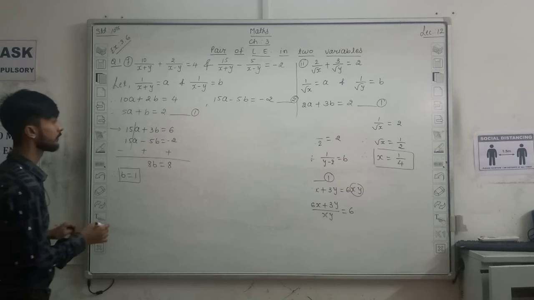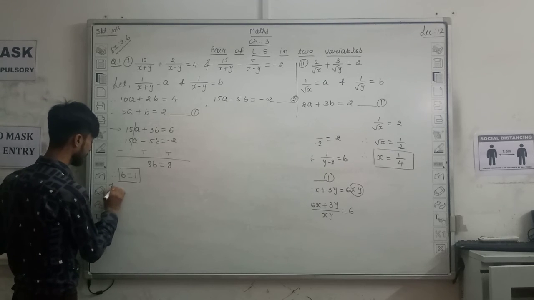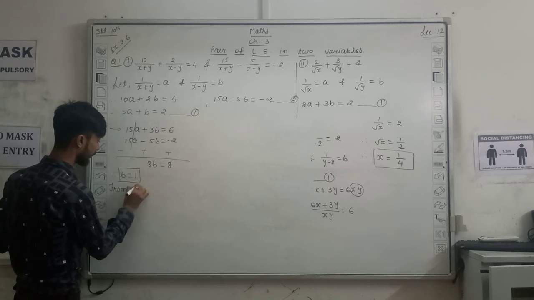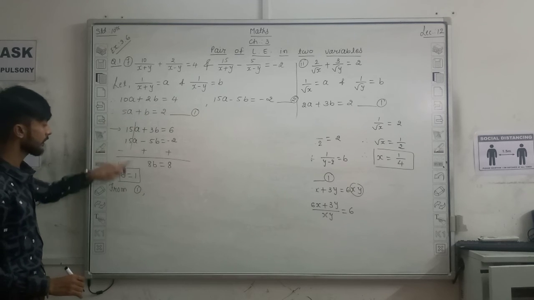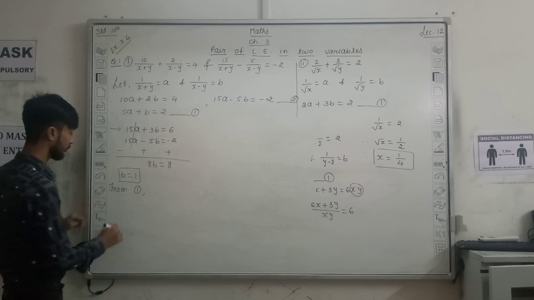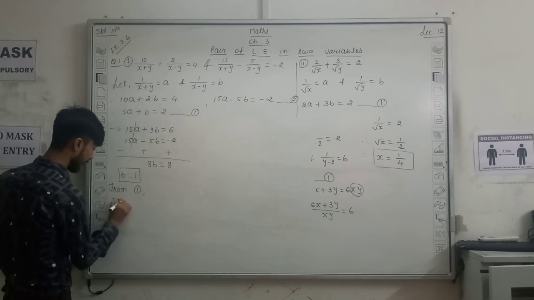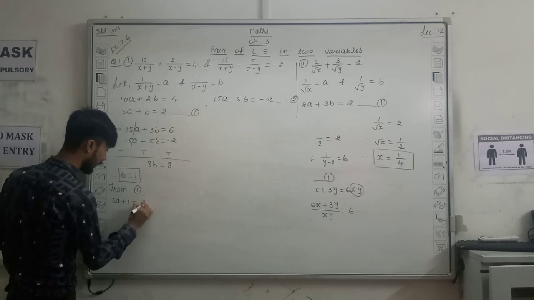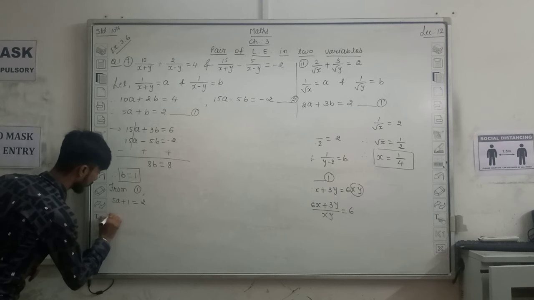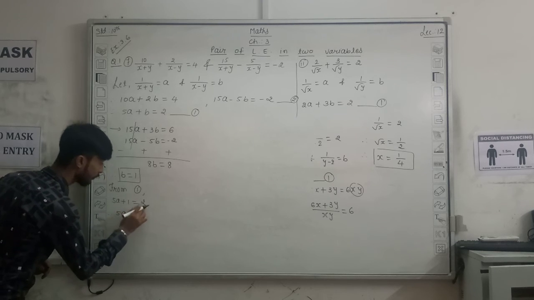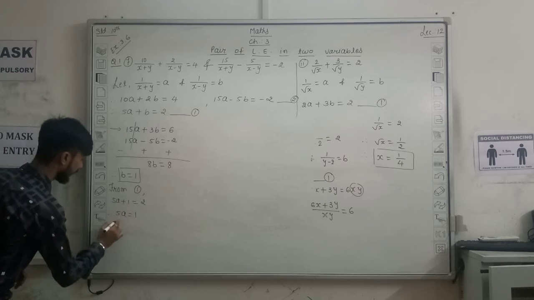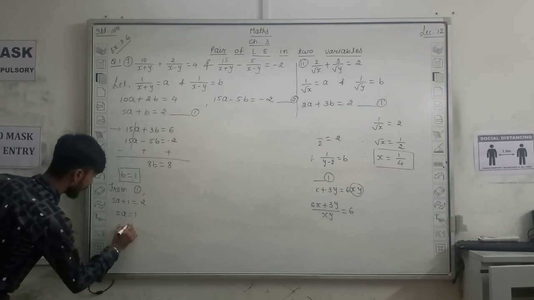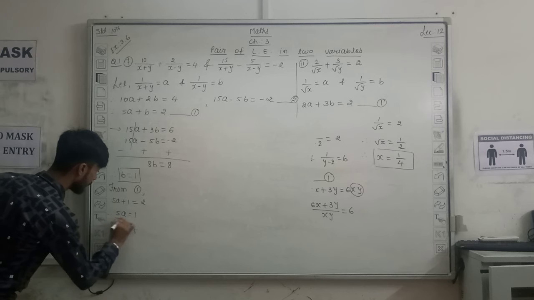Now from 1, 5a plus b, that is 5a plus 1 equals 2. Therefore 5a equals 2 minus 1, which is 1, right? And therefore a equals 1 by 5.